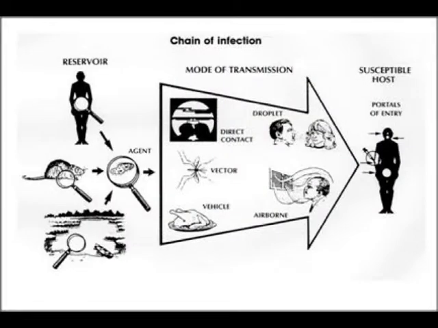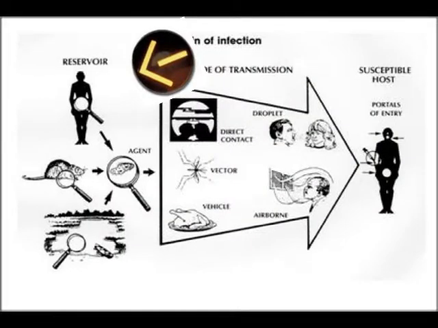Then what's a reservoir? These are two different things. Reservoir could be a plant, a person, an animal, an arthropod, that means an insect, or any other substance in which the infectious agent will do two things. It will live, it will survive, and also multiply before it gets transmitted to the susceptible host.